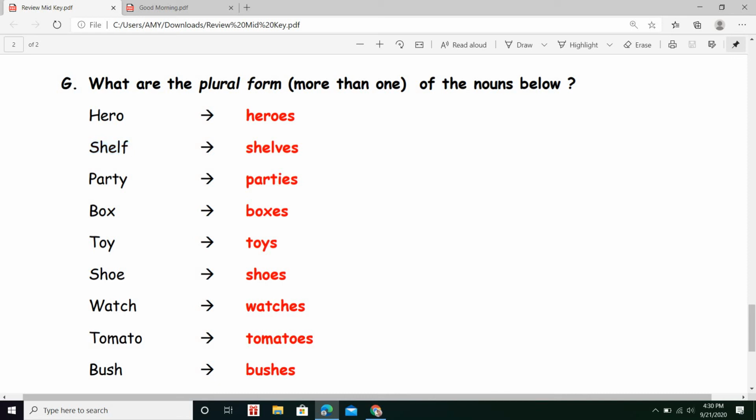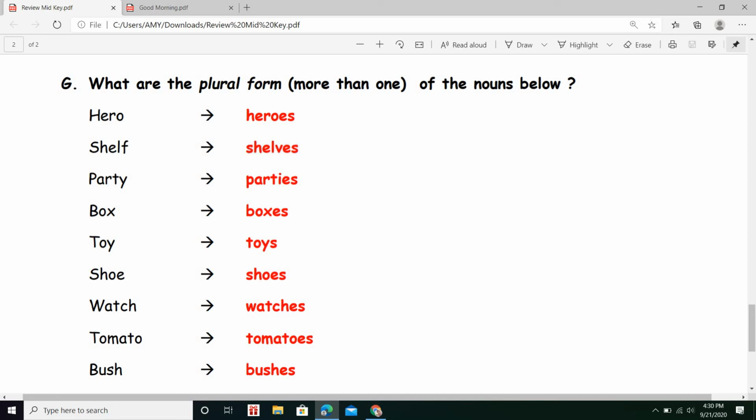As you see, the word shelf ends with the letter F. If you still remember our material about plural forms, if the noun ends with the letter F, then for the plural form we put VES. So we erase the letter F and put V and then ES, and it becomes shelves.